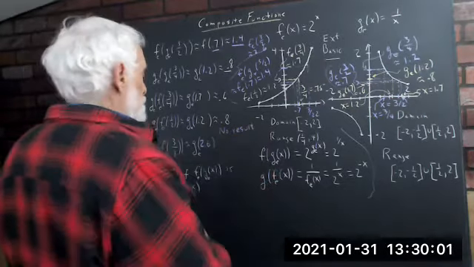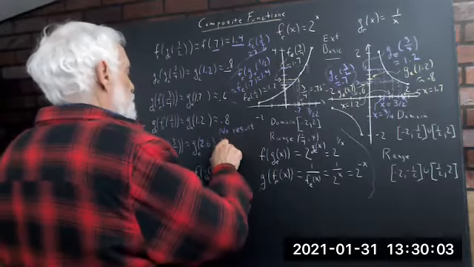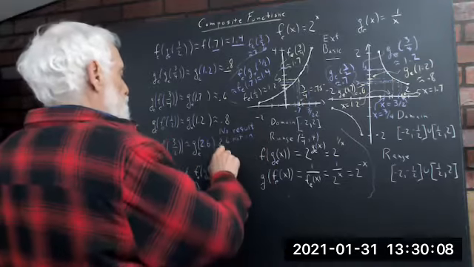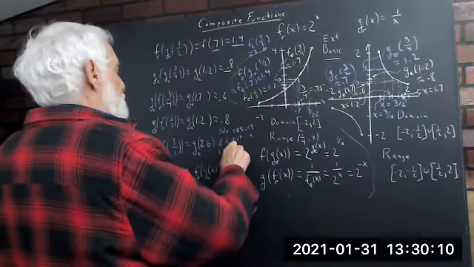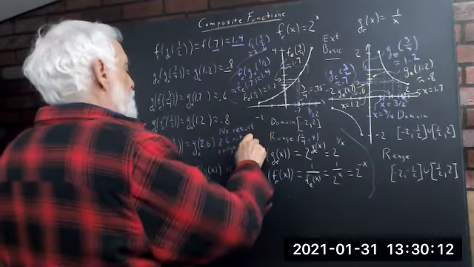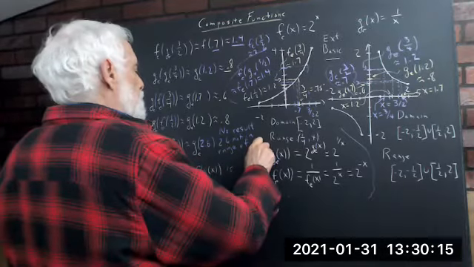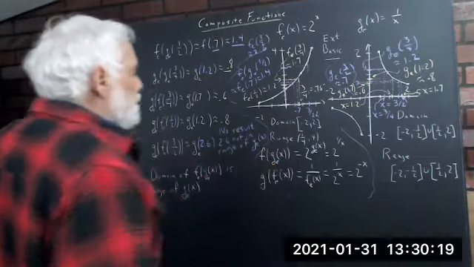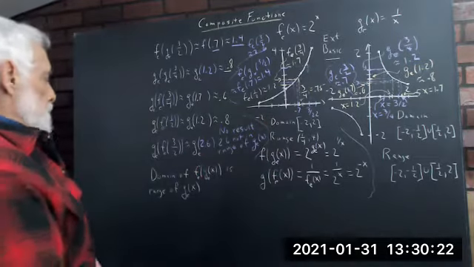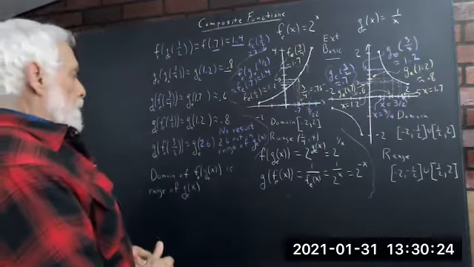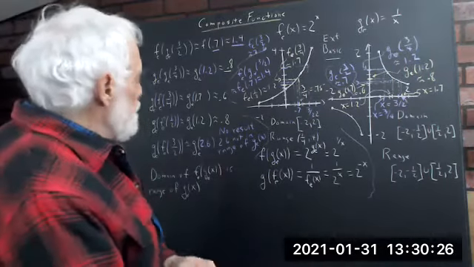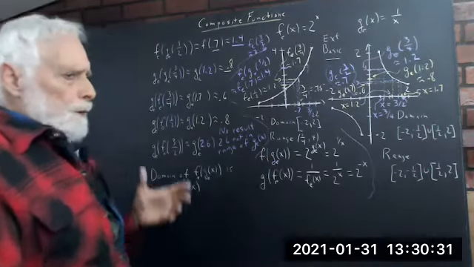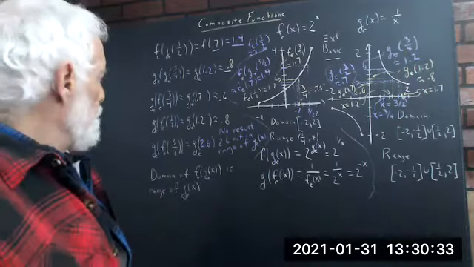There's no result. 2.6 is not in the range of the GE function. So we have to be careful when we talk about these functions. We have to be careful about the range.